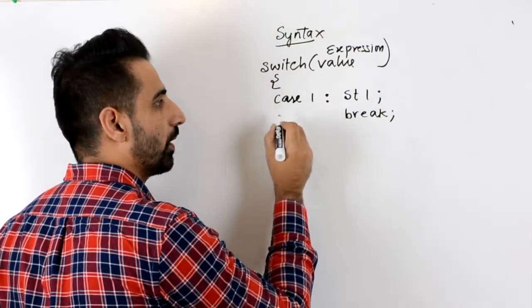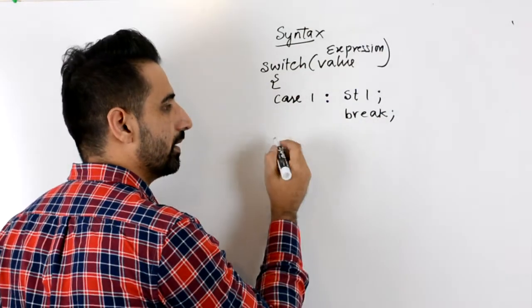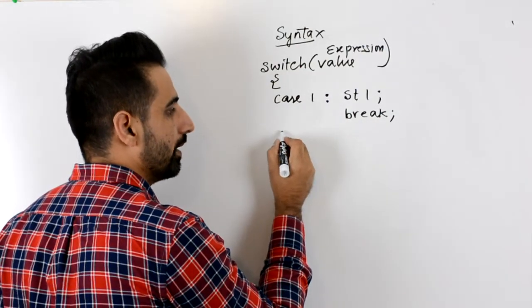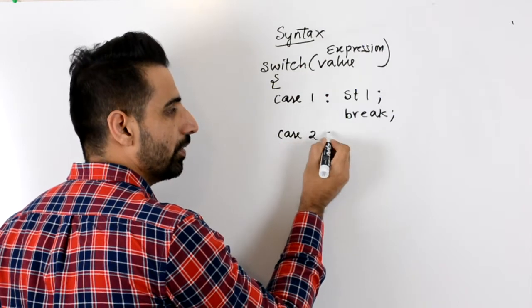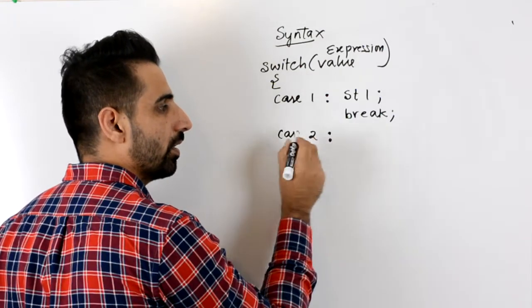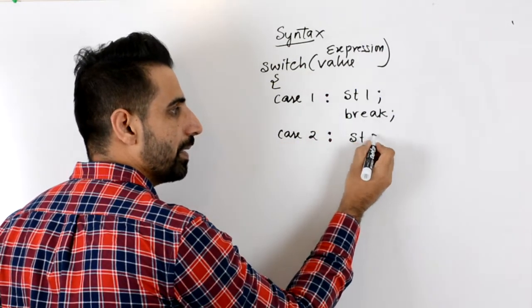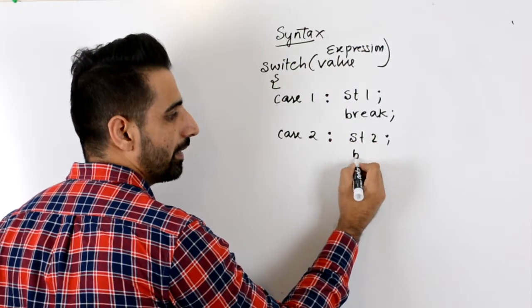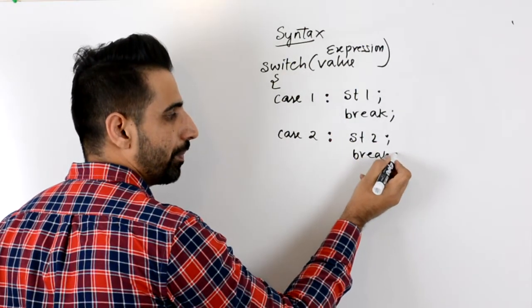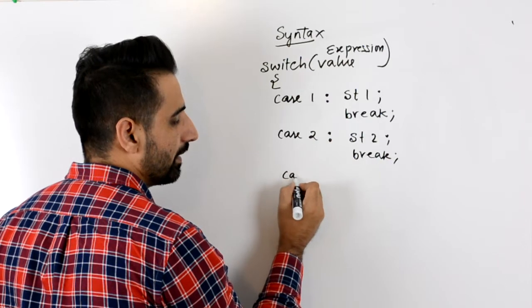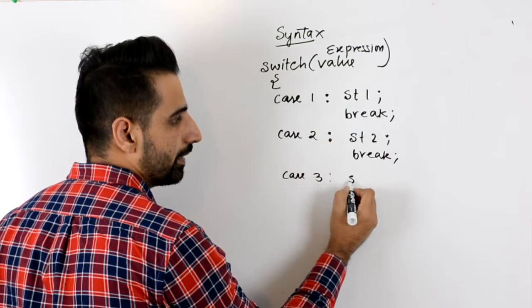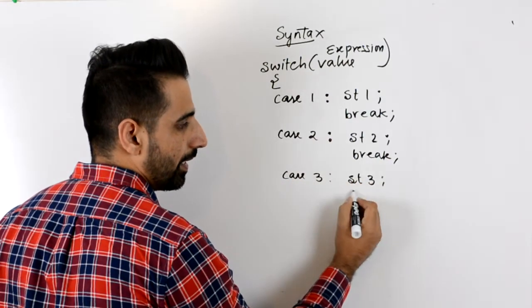Everything should be in small case. The c is in small case, break is in small case, lowercase as we call it. Then we have case 2, colon, then statement 2, and then break. The same way case 3, statement 3, and then break.